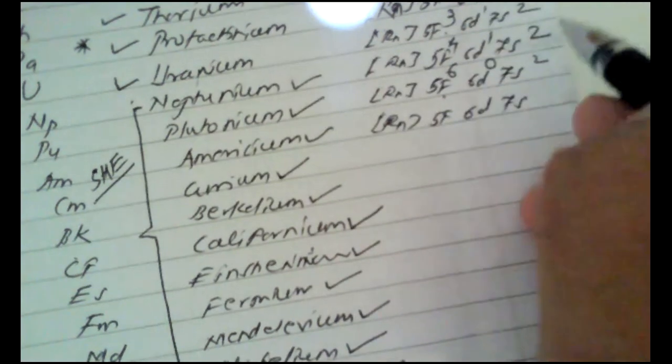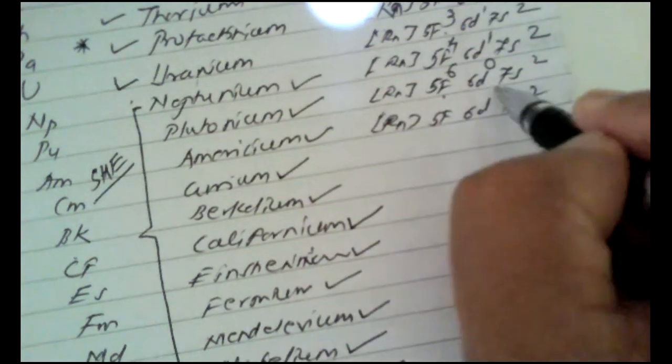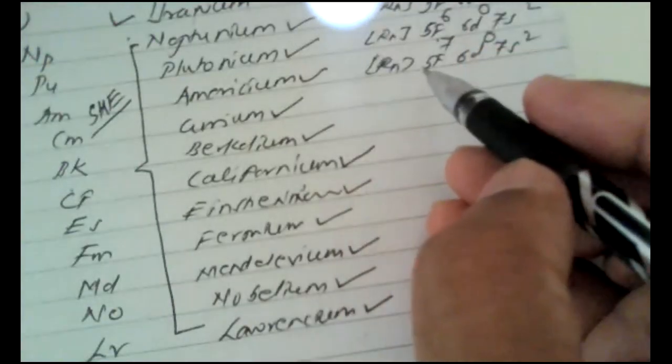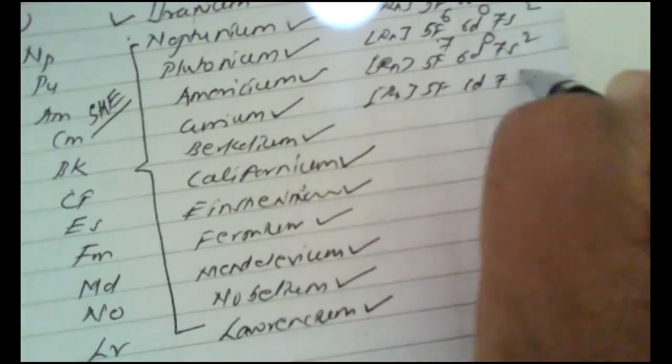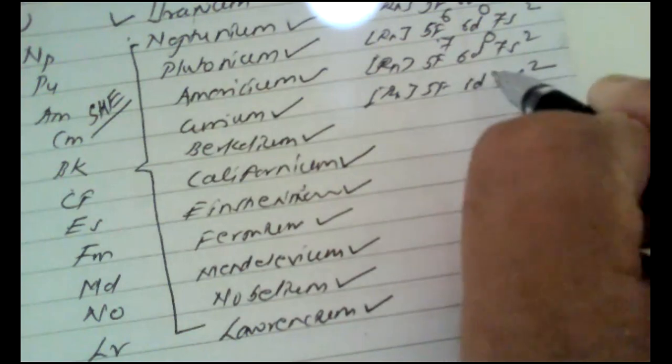Now come to the next element, americium: radon, 5f, 6d, 7s. So at americium 7s2 6d0 5f7. Then curium: radon, 5f, 6d, 7s2, 6d0.